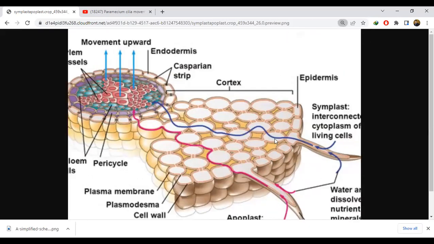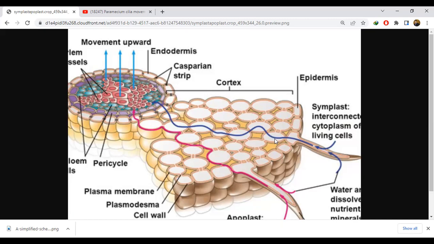Cell wall spaces, not going through the cytoplasm. Which route it is? Apoplast. From one cytoplasm through the plasmodesmata going to another cytoplasm, and from there through the plasmodesmata going to another cytoplasm.